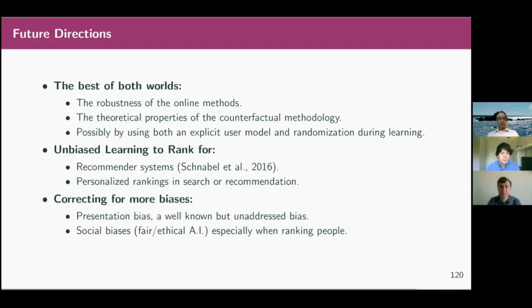Other future directions, unbiased learning to rank, we believe has lots of unexplored directions. So we've talked about unbiased learning to rank mostly in the search setting, but you can think of recommender systems.